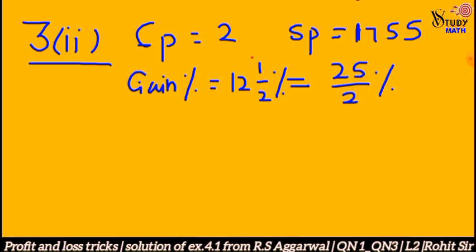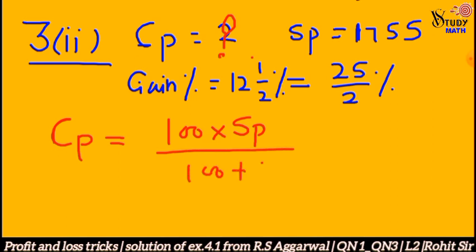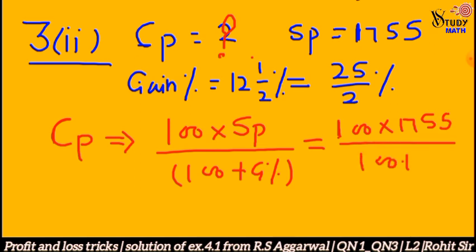Now apply the formula of CP. This is not 2, this is a question mark. We have to find it. So the formula of CP is 100 multiply SP upon 100 plus gain percent. Now fill in the values. 100 into 1755 upon 100 plus 25 by 2.